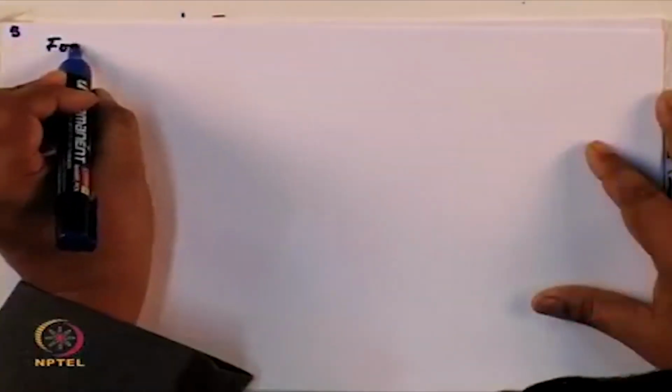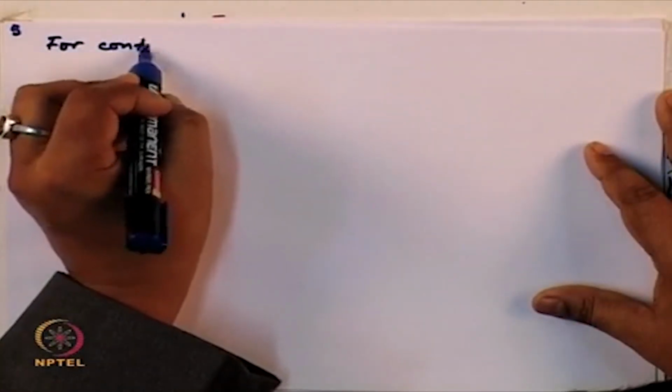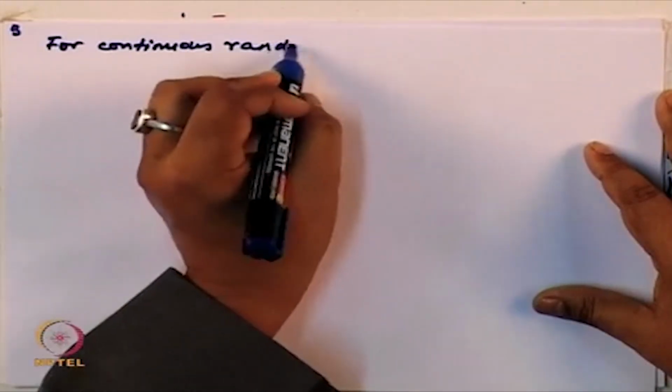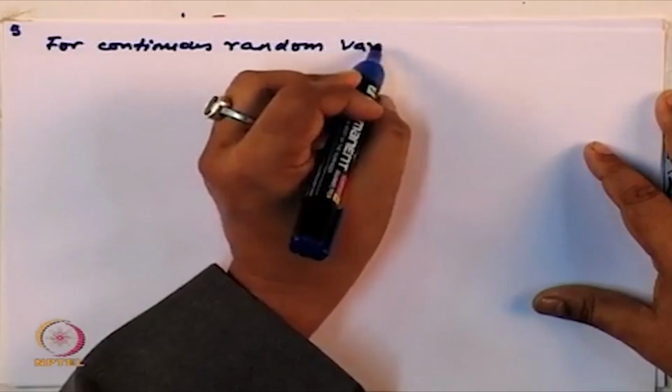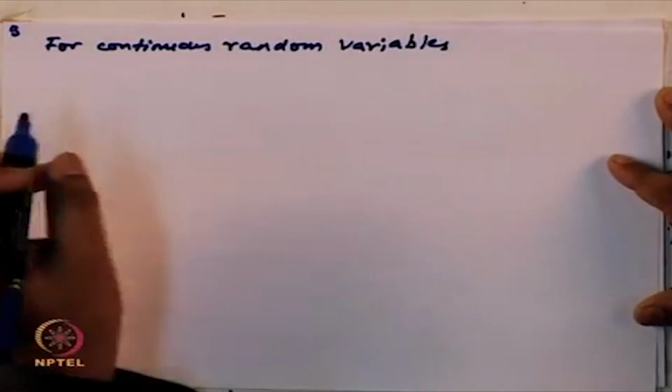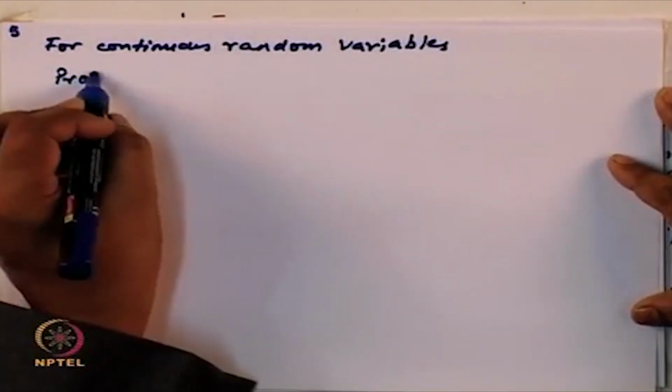Okay. So, for continuous random variables, I can write what is called a probability density function.